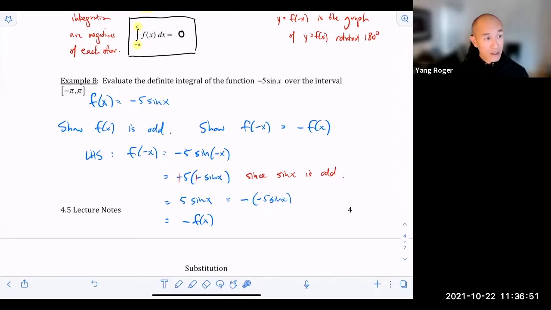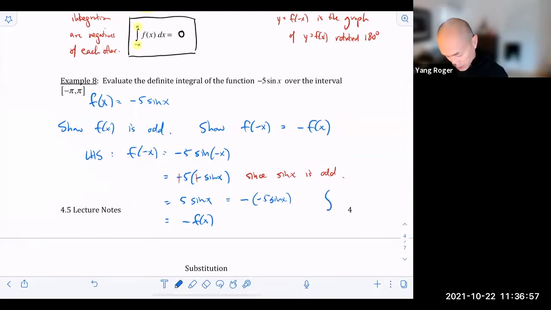Okay. So all of this results in the following fact. Now we can say the integral from -pi to pi of -5 sine of x dx is going to be equal to 0 by our theorem.